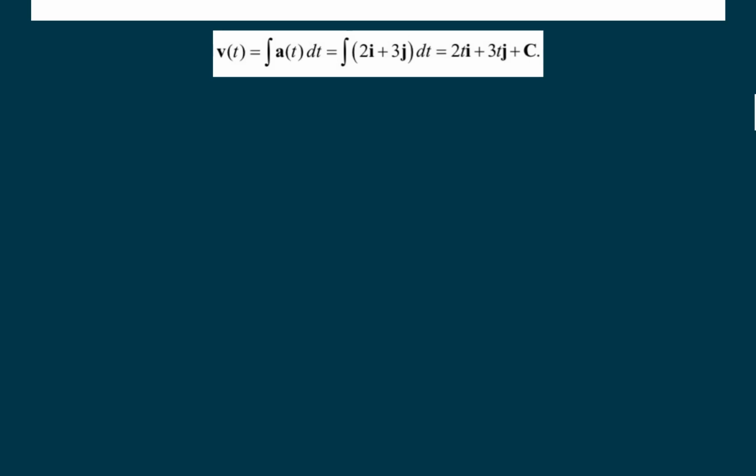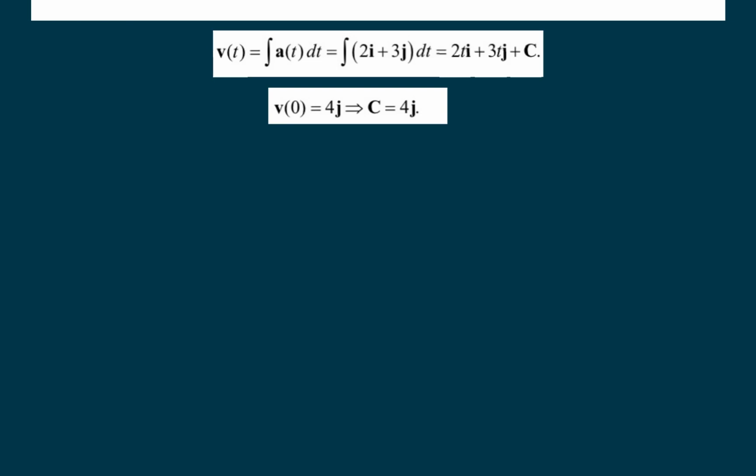We know that at time t equals 0, the velocity is 4j. So you plug in t equals 0, v of 0 is 4j, and you find that the vector c is 4j. So the second step is done: v of 0 is 4j allows you to find c.